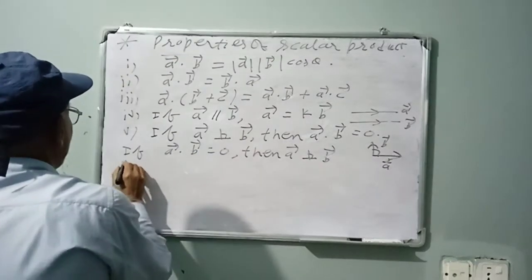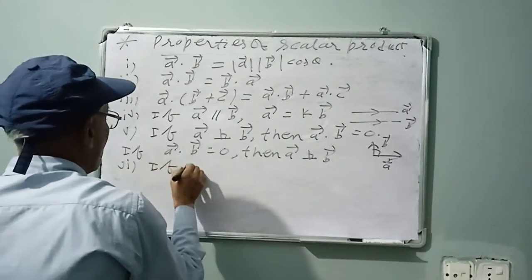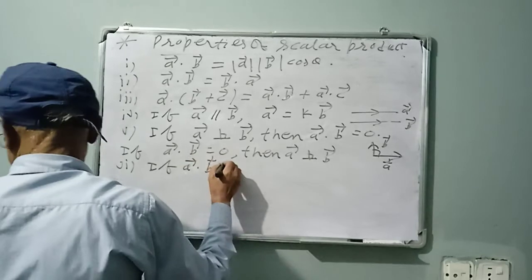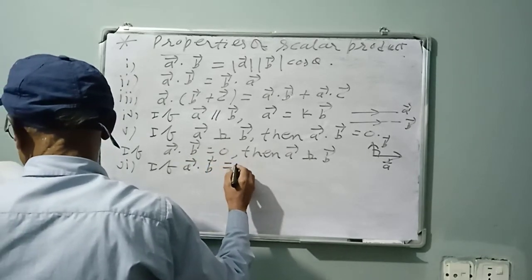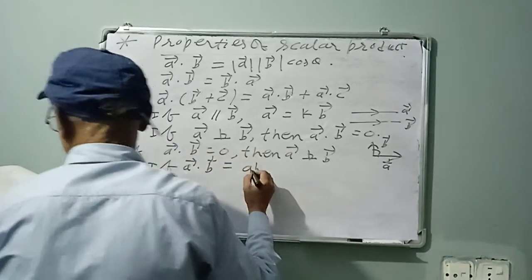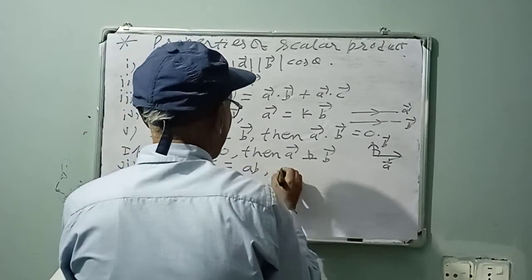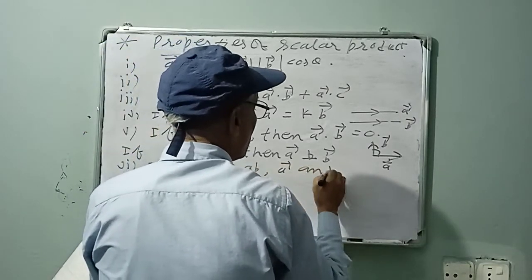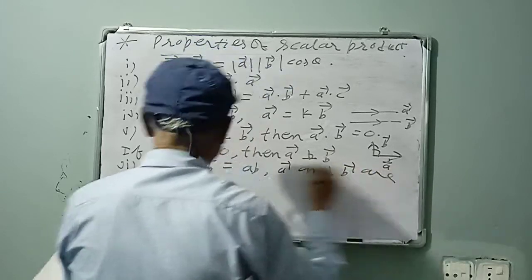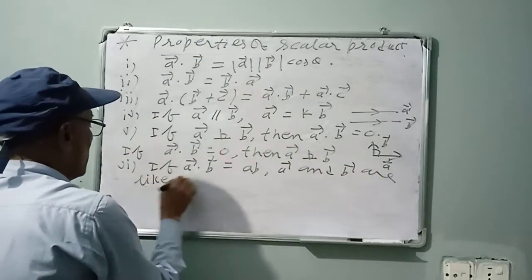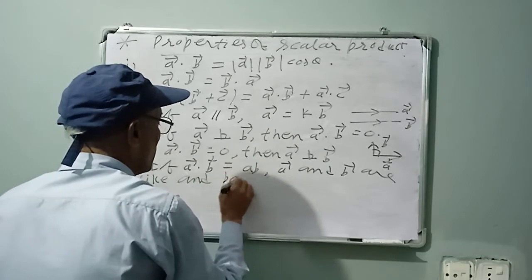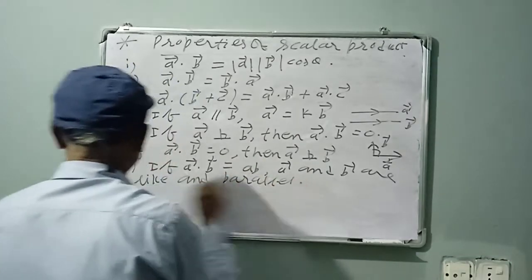Another, if A dot B equals AB, then A and B are like and parallel.